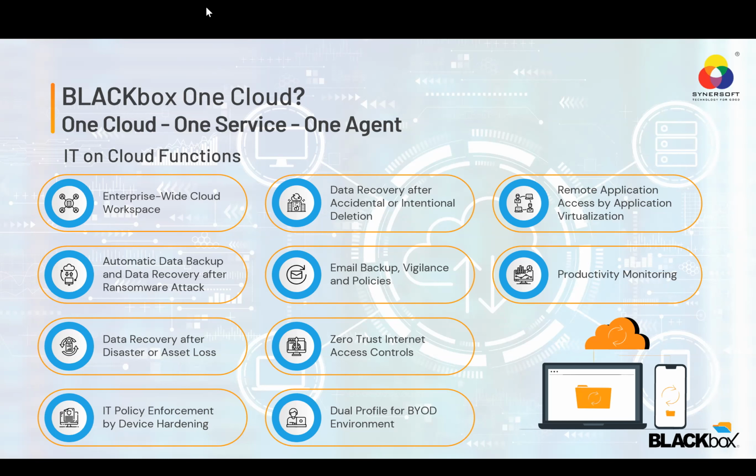So now with this particular slide, we will first look at the BLACKbox console. We will look at the permission engine, and we will look at the backup console of the BLACKbox, and then the dashboard. So I request my colleague Rajendra to take us to the BLACKbox console first.